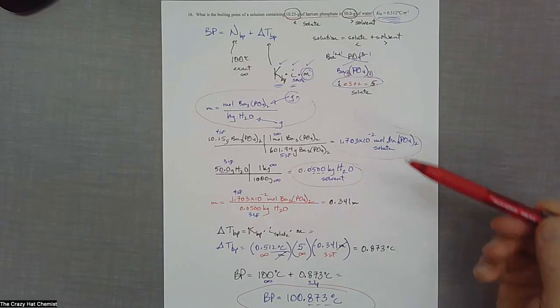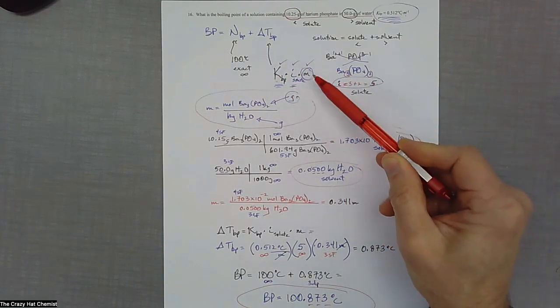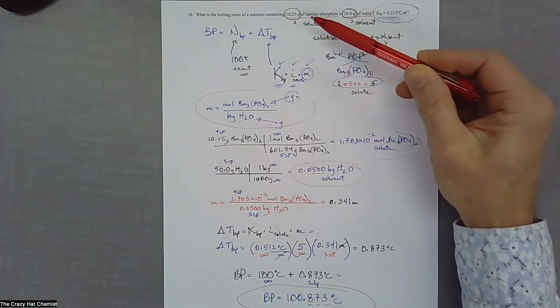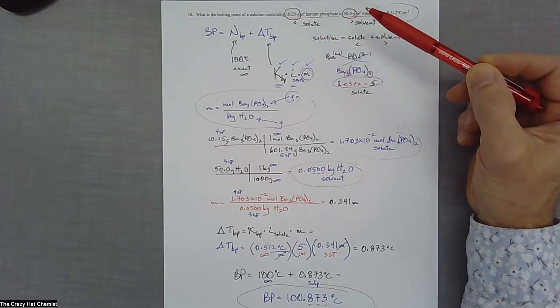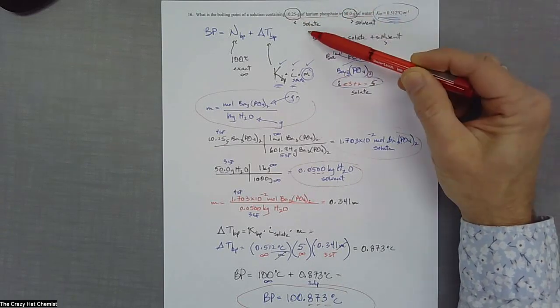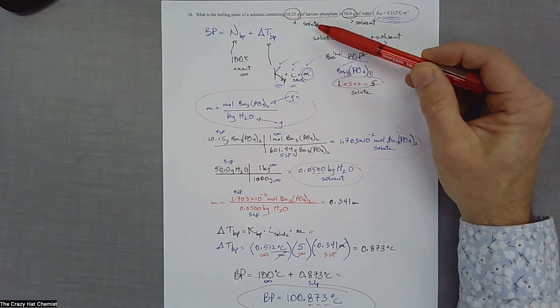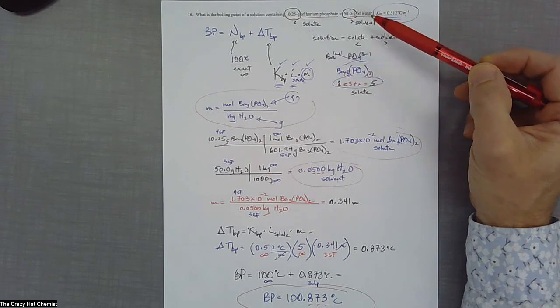The change in temperature of the boiling point is equal to the equation: the constant times the Van 't Hoff factor times the molality. From these values given in the problem, 10.25 and 50, they are of the same units. So we're going to figure out which one is the smallest number. The smallest number, 10.25 compared to 50, is the solute. The solute is always in the lesser amount. The solvent is always in the greater amount.